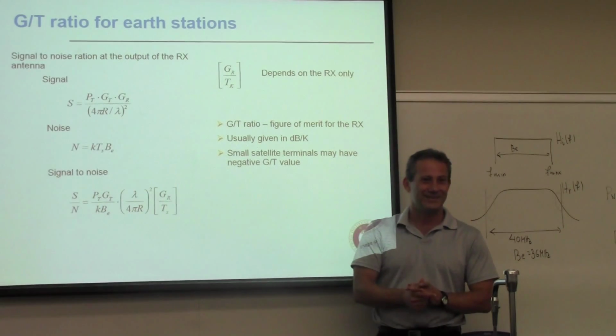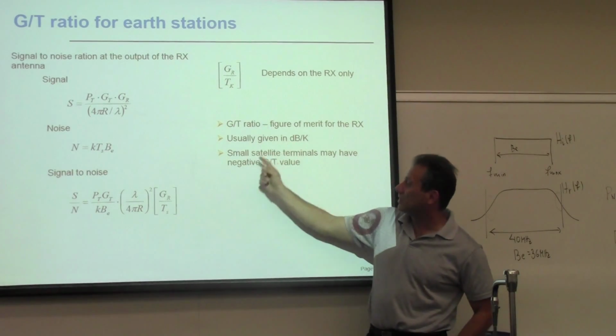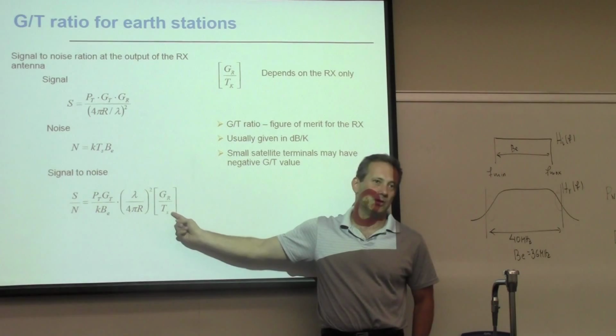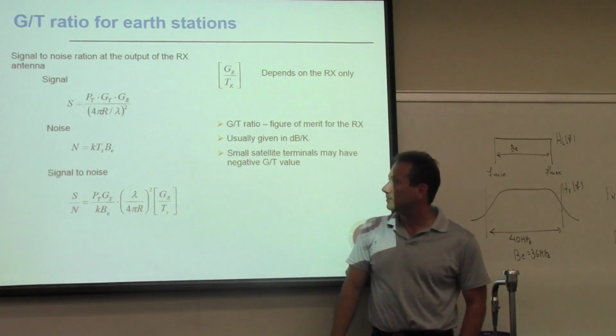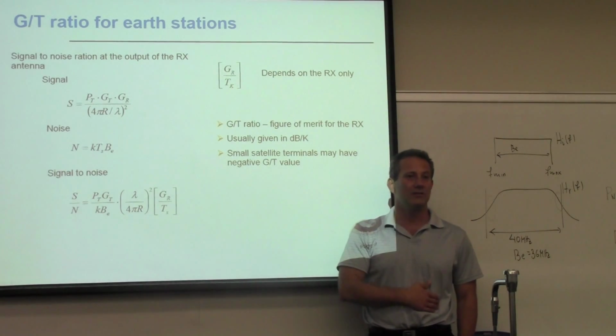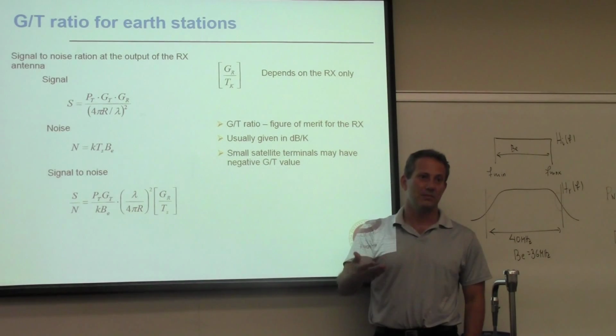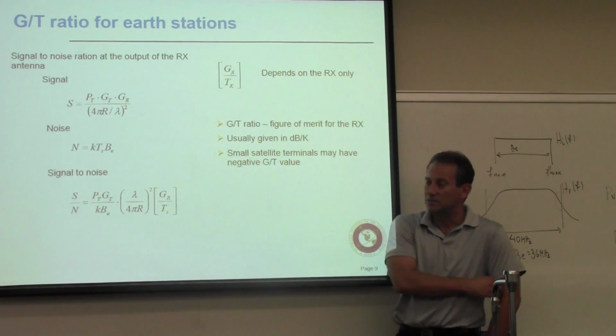So if your gain is relatively small compared to your temperature, this can even be negative, but usually it's a positive number, and the larger it is in dB per Kelvin, the better the figure of merit of your satellite receiver.